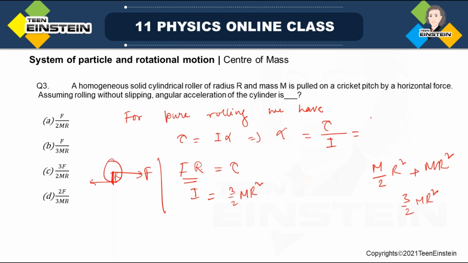So we can just put it here. You can put this as F into R divided by 3 m r square by 2, so 2 will be in the numerator. So this will be 2F by 3 m r. Okay, so this is the answer.